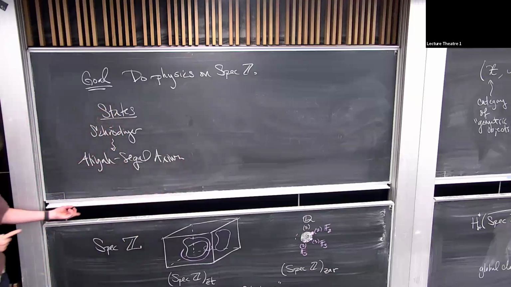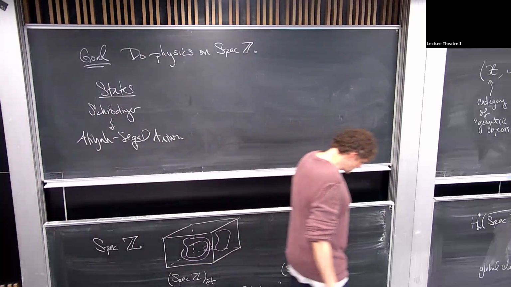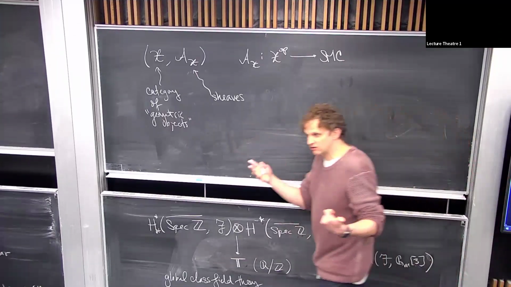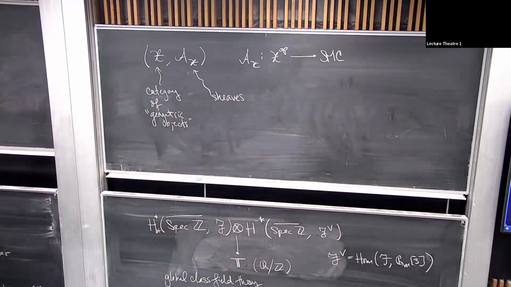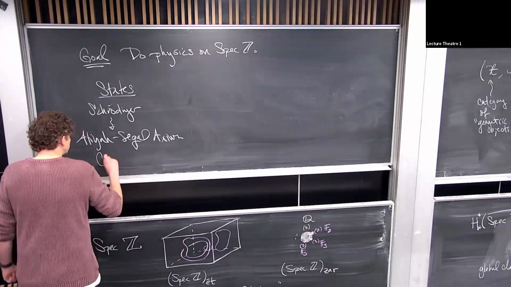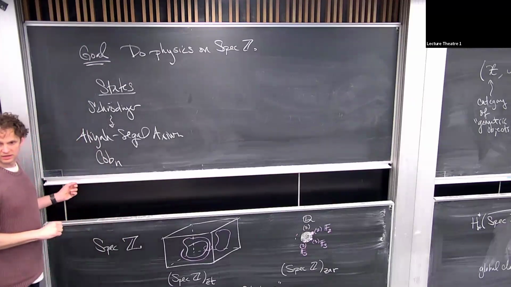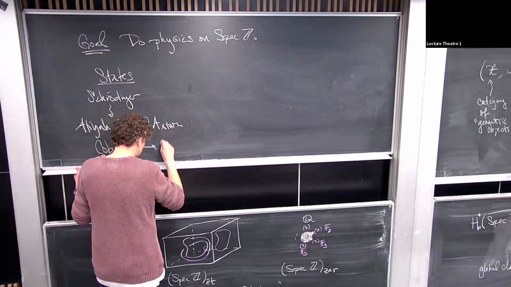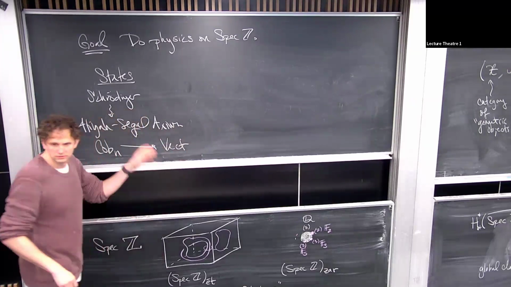What do these things look like? Well, roughly speaking, you're writing down a functor, and the source of it is some category of cobordisms. And you're looking at a symmetric monoidal functor from this thing into, well, I don't know what, some category. You can be vague about that.